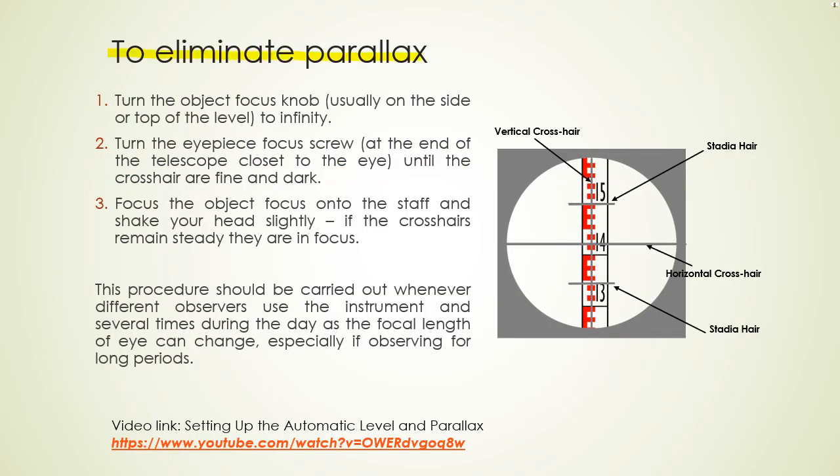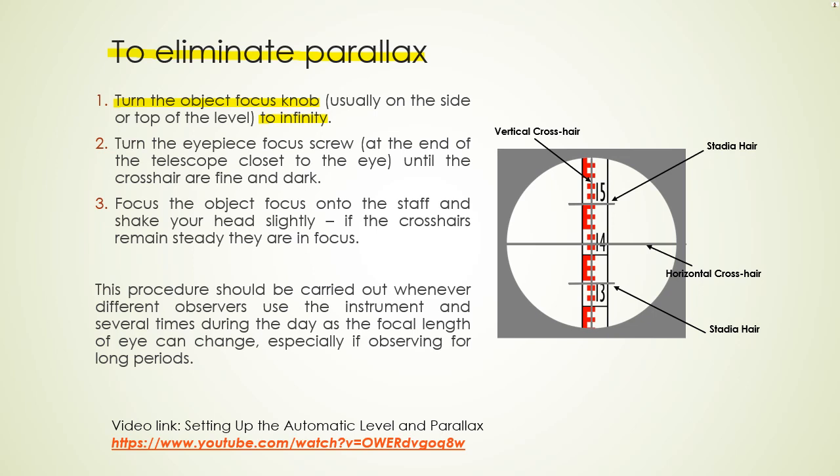So then we need to know how to eliminate the parallax, because you need to check this and do this in your practical. So when you identify the parallax exists in the telescope, then you need to do step number 1, turn the object focus knob to infinity.